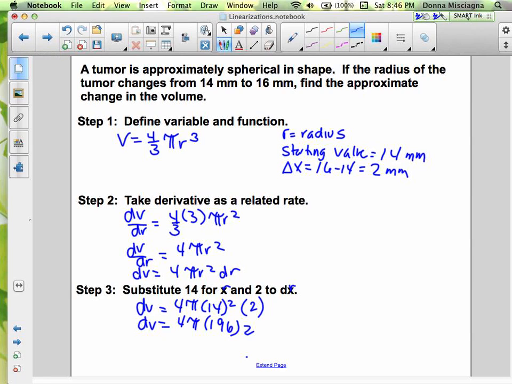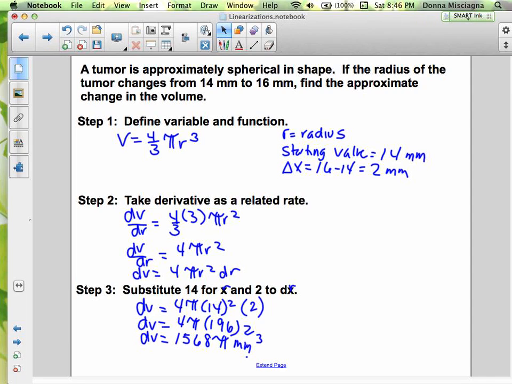And unfortunately, this calculator is solar. So 8 times 196, 1568. So the change in the volume is 1568 pi millimeters cubed. Sounds like it might be something to be concerned about, doesn't it?